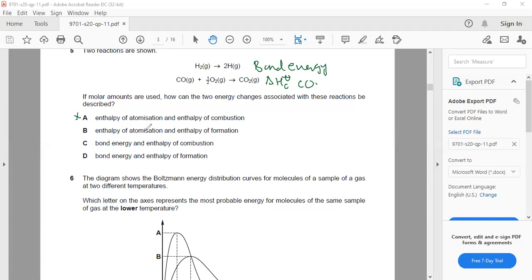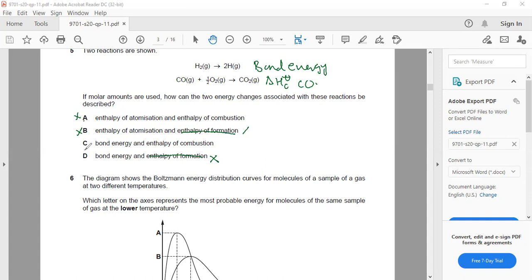Enthalpy change of atomization and formation, it is not formation, because it is combustion. B also wrong. It is not formation. D also wrong. There is no formation. Formation starts with the elements.